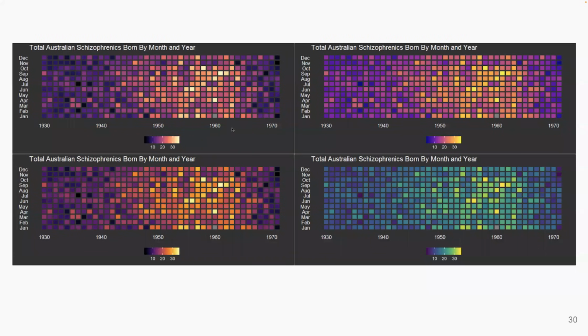And if you want to, let's say, this is how many Australians have a schizophrenia diagnosis by month and year, and we can easily see that people between 50 and 60, around these time points, have higher rates of schizophrenia diagnosis.